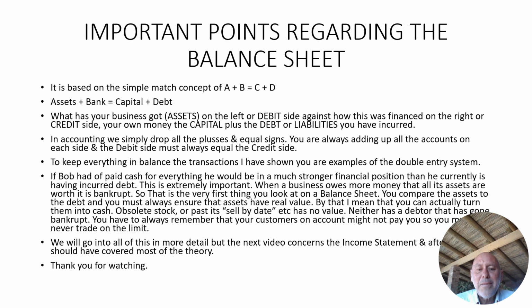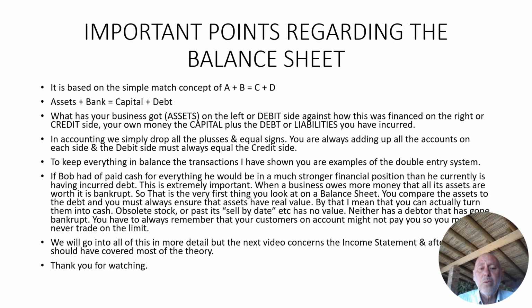I've written there, basically, on the left-hand side, that A plus B, so the assets plus the bank, that's what the business has got. And on the right-hand side, the C plus D, it's how this was financed. So it's your own money, the capital, and the D is the debt or liabilities that you have incurred.